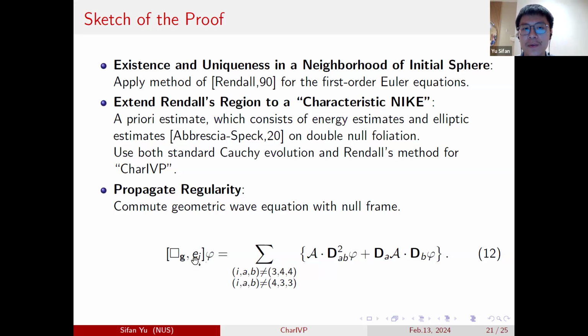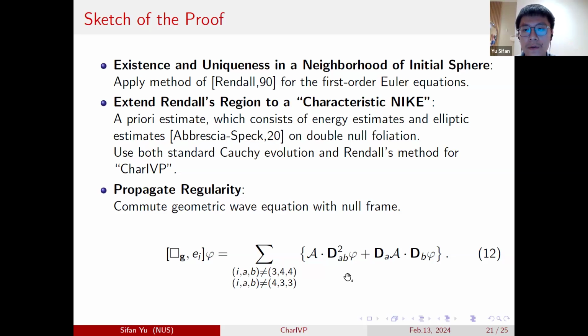So if I commute with E4 or L, or the spherical derivatives, I will not pick up two L bar derivatives. Okay, that's important. And one E3 or one L bar derivative is acceptable because of the energy estimates. All right. So this is the main observation that people needed to propagate regularity in the special case.